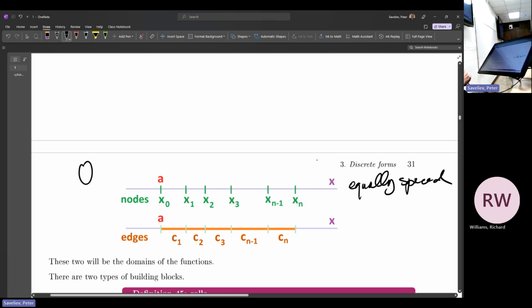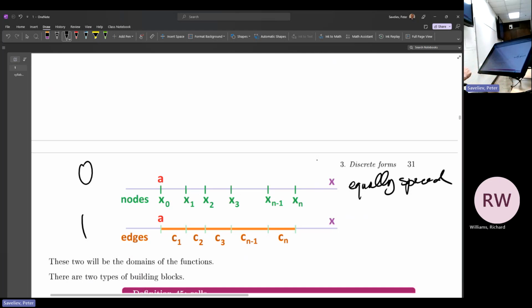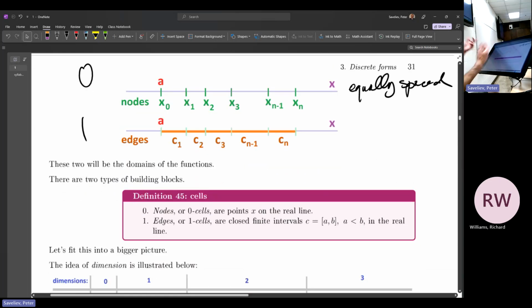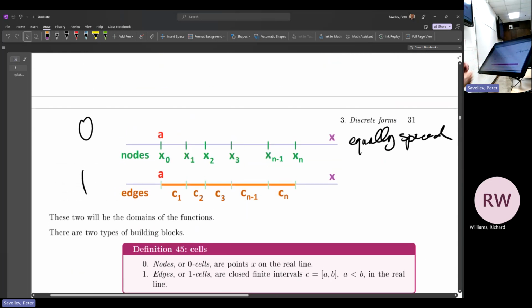These are zero dimensional. These are one dimensional, the edges between the nodes. So that's where the velocity will be defined. These are called cells. So if you want to go with the points, you can say nodes and edges. That's one way to say it.